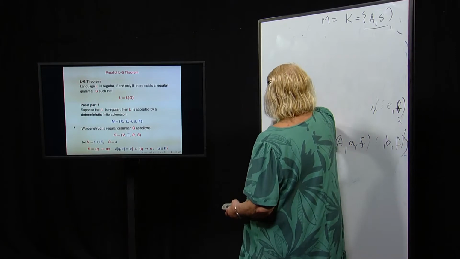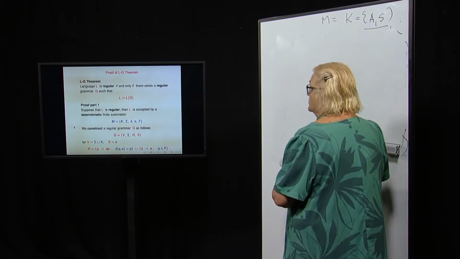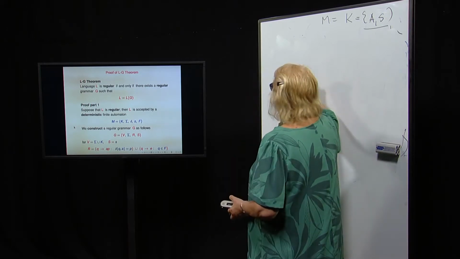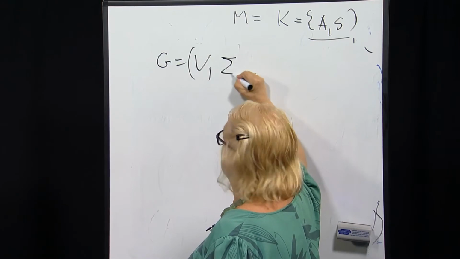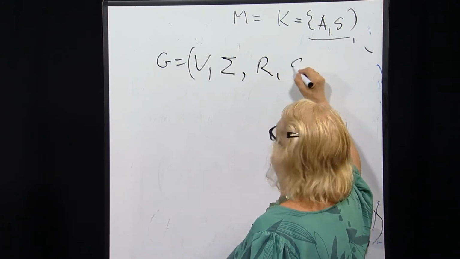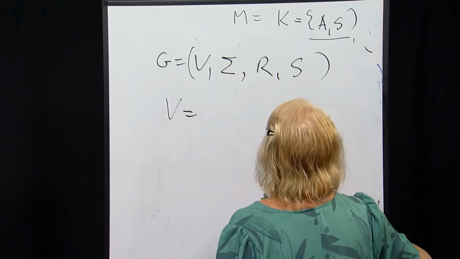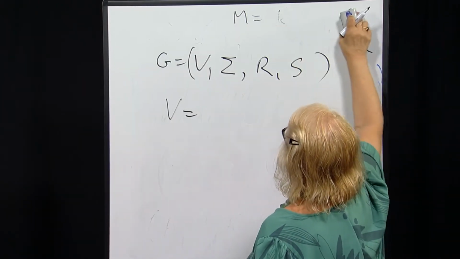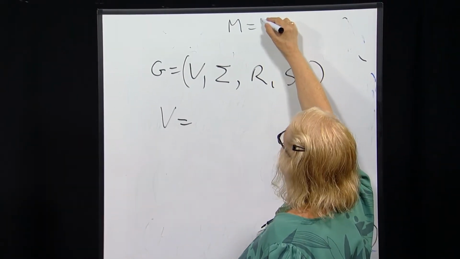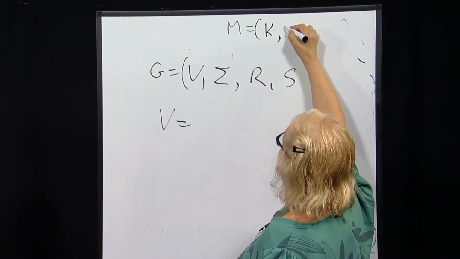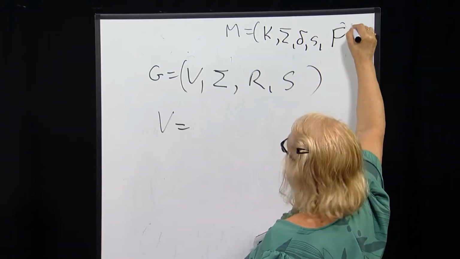I construct now a grammar, which is V, sigma, R, S, and I have a deterministic automata, which is K, sigma, delta, S, F.